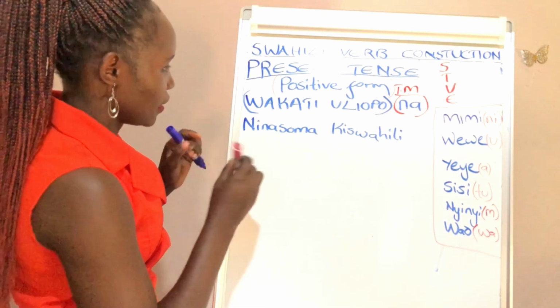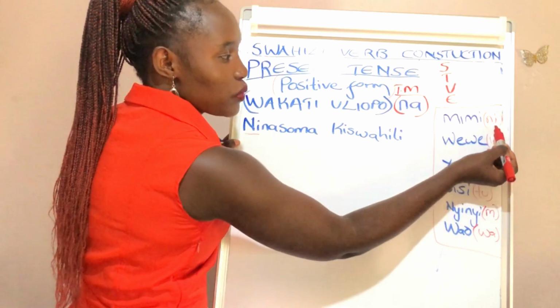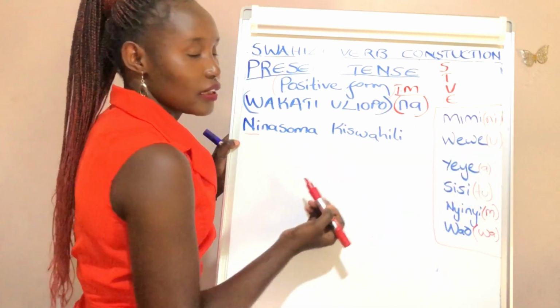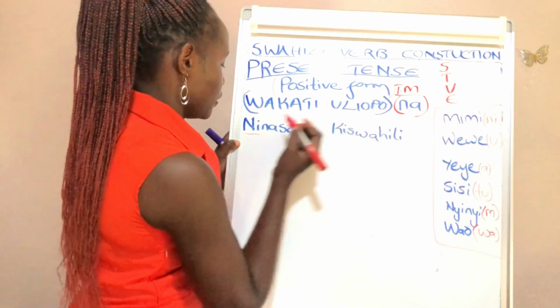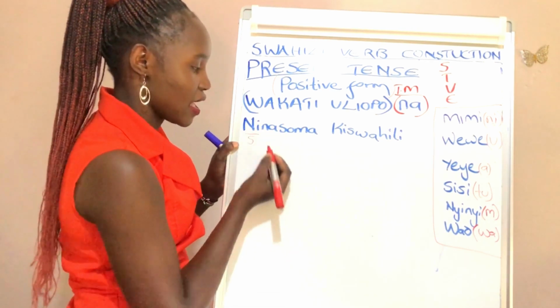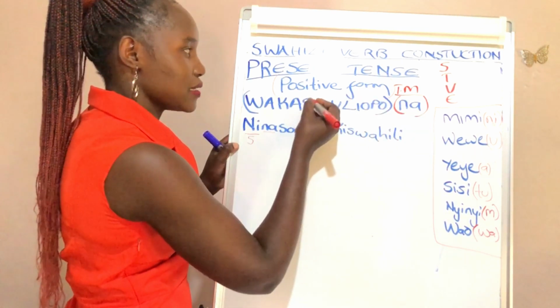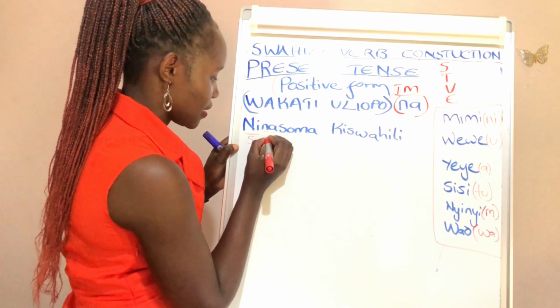So ni is the subject prefix representing mimi. So now we have ni as our subject prefix. Na is our tense marker for present tense.